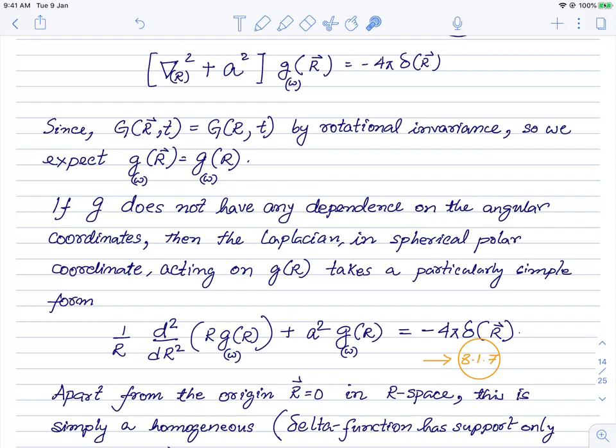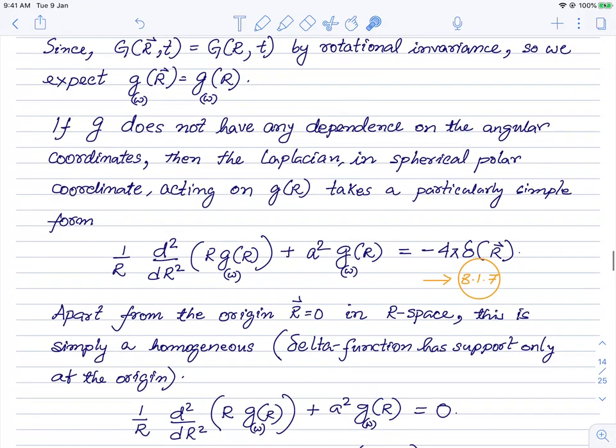Even I don't remember the full general Laplacian in spherical polar coordinates, but this is the part that is useful to remember.